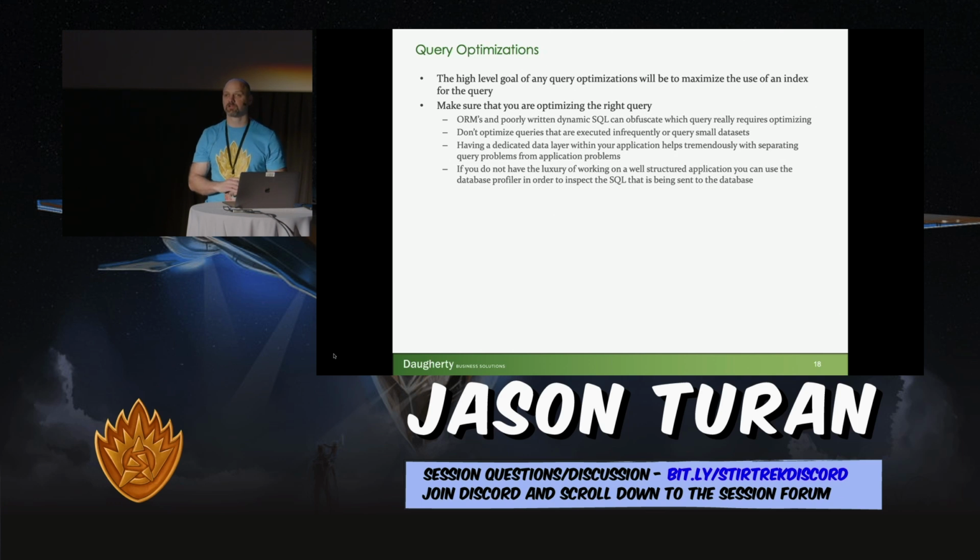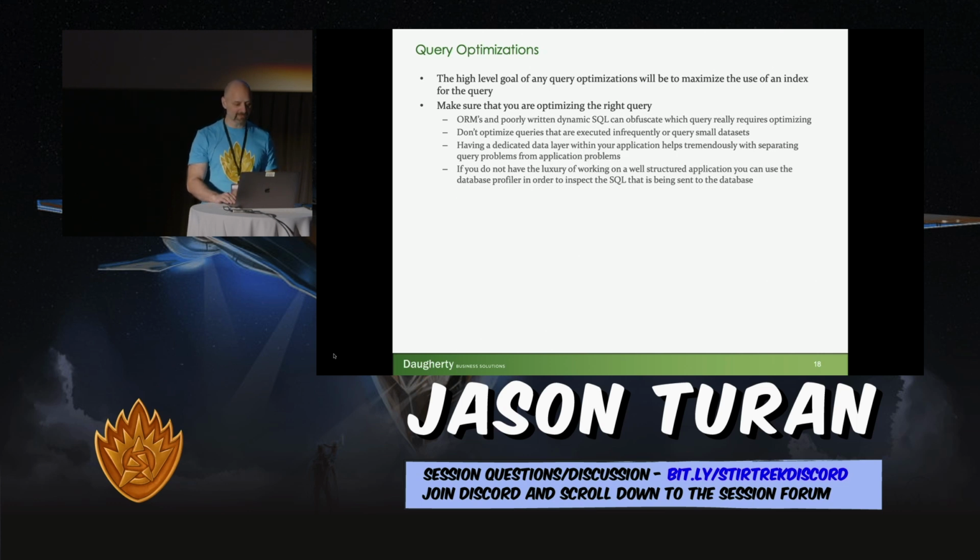I also strongly encourage having a dedicated data layer within your application. It'll make it easier to pinpoint which chunk of code is responsible for making these queries, and a little easier to isolate it down to specific functions or queries within your application code.